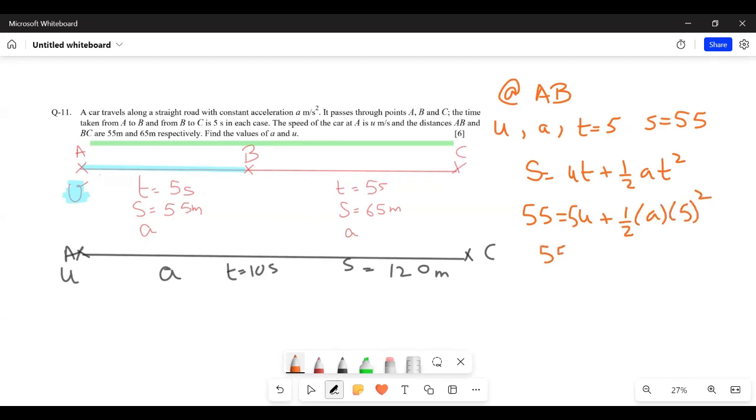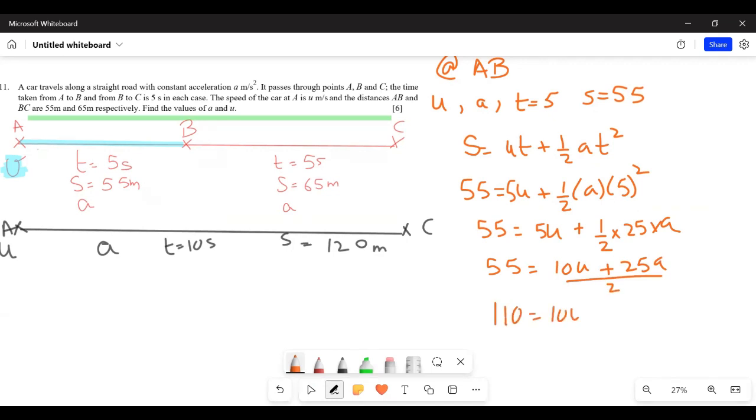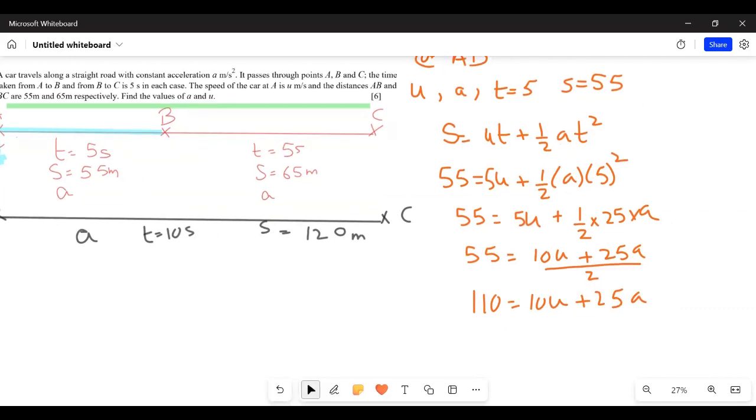So 55 equals 5U plus half times 25 times A. Okay, that could be our equation number 1. But what I'll do is take LCM over here, get rid of the denominator. This becomes 10U plus 25A upon 2. So that's 110 equals 10U plus 25A. That could be the equation number 1.